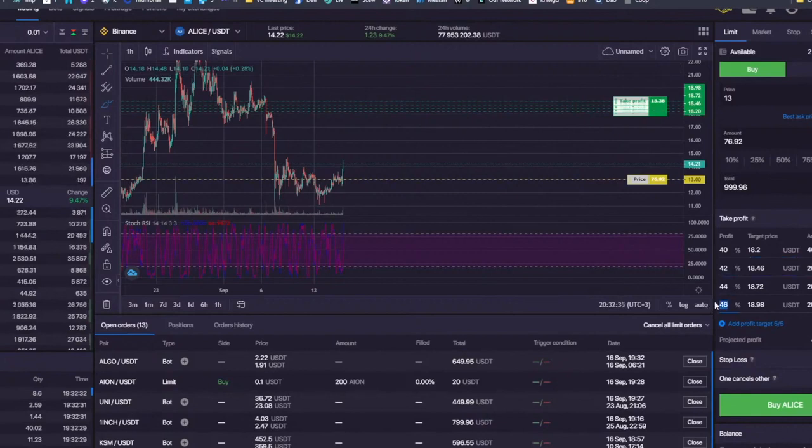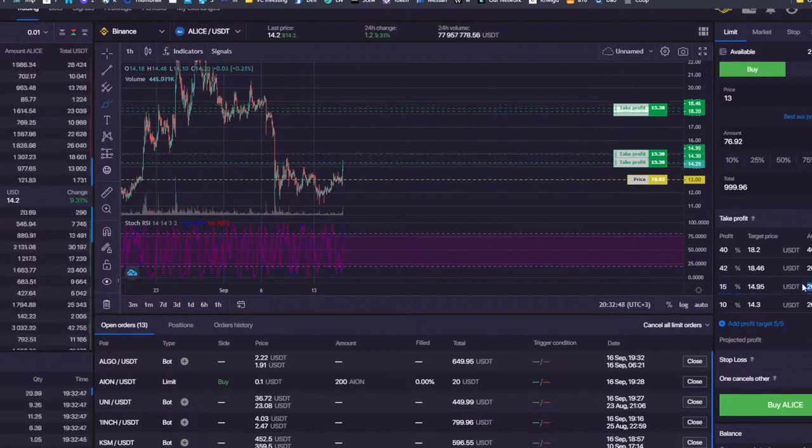So for example, instead of 40, you say, I want to sell 20% of my entire position once the price rises by 10%. Once it rises by 15%, I want to sell another 20% of my position. Once it rises to 25%, this time I want to sell 30%.